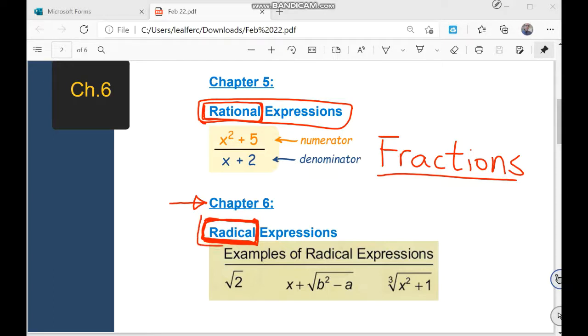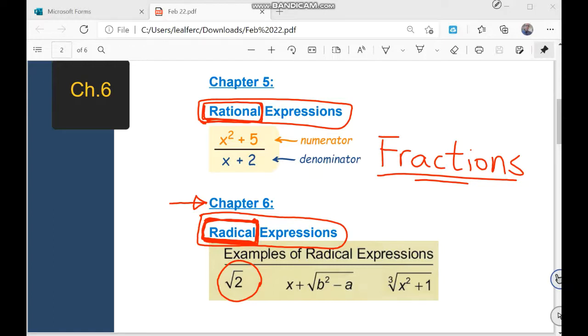See? Now we are working with radical expressions, and radical instead of fractions. Let's check a few examples of radical expressions: square root of 2, x plus square root of b squared minus a, cube root of x squared plus 1.